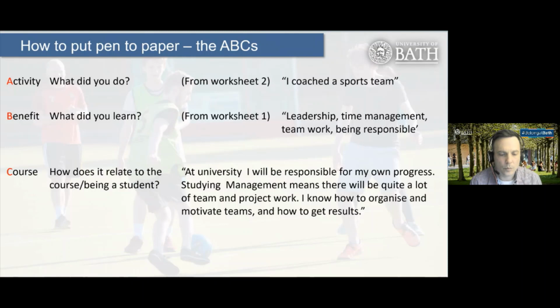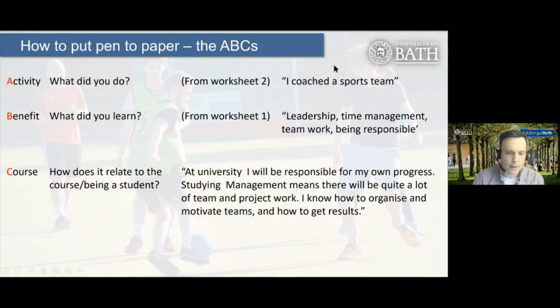You can express your knowledge of a certain requirement, as in this example, or you can talk about what you are looking forward to, or perhaps you can mention how a course will allow for the continued development of skills or building of knowledge which you consider to be valuable to your development. Okay, so the approach is the ABCs, and you can see A and B are worksheet 1 and worksheet 2.